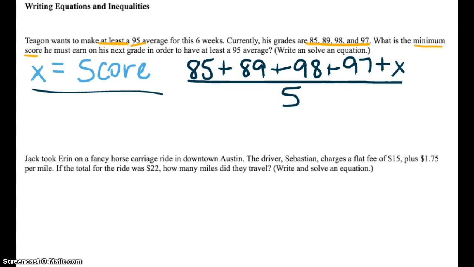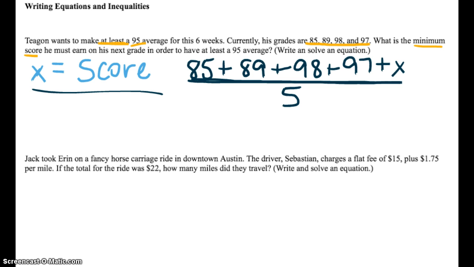Now I'm dividing by 5. Now, in algebra, we usually denote division by putting it in fraction form. We could add everything up and put it in parentheses and divide by 5, but we don't typically write an equation or inequality like that.